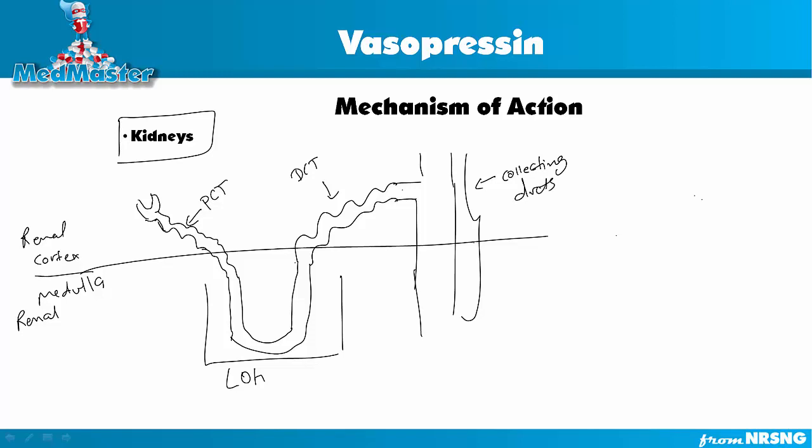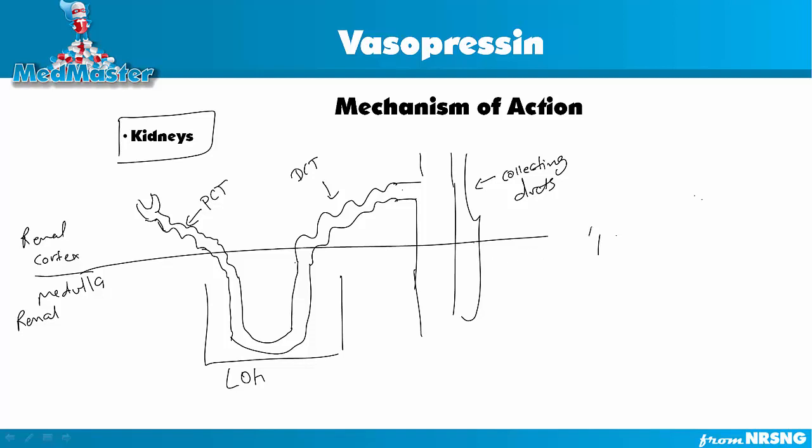Whenever there is a decrease in perfusion of the kidney, a decrease in arterial pressure, or low volume in the body's vessels, it sends a signal to the hypothalamus saying, hey, we have a problem here, like a decrease in blood pressure, we need more fluid in our body. Then the hypothalamus sends signals to the posterior pituitary gland and tells it to release ADH.